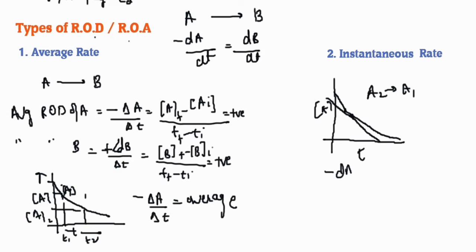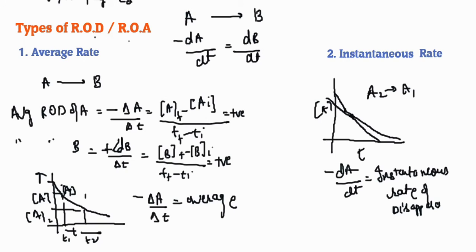This is instantaneous rate of disappearance. Okay, you got the difference: here we are talking about average rate and here we are talking about the rate at a particular instant. This is the difference between average rate and instantaneous rate.